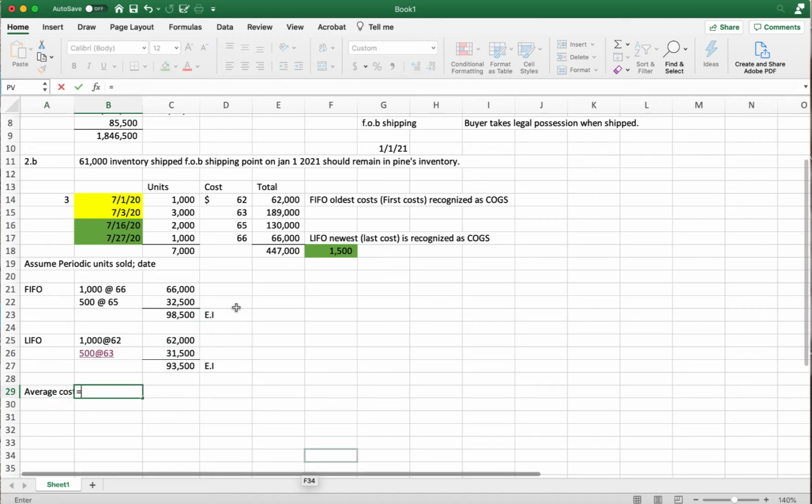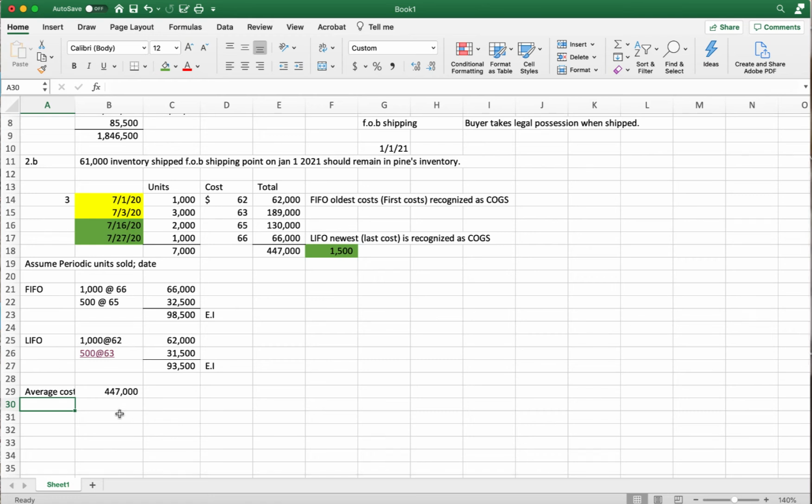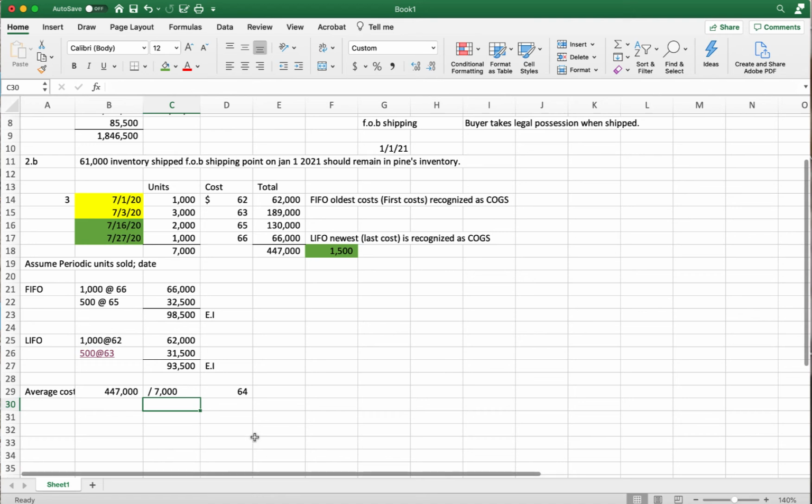So to figure out what the average cost is, I'm going to take my total cost of 447,000 and divide that by my 7,000 units. So when I run those numbers, I see that I get $64.